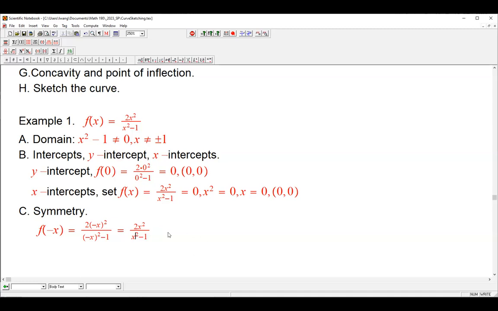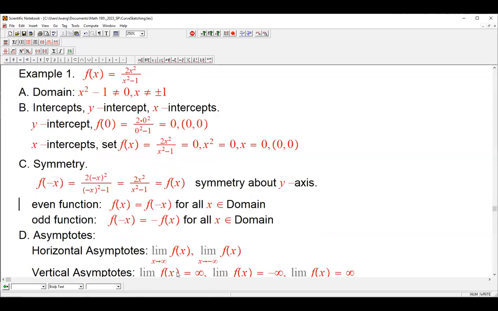Negative x squared is the same as x squared. So when the inputs are opposite, the outputs are the same. So the curve is symmetrical with respect to the y-axis. It is an even function, not an odd function.